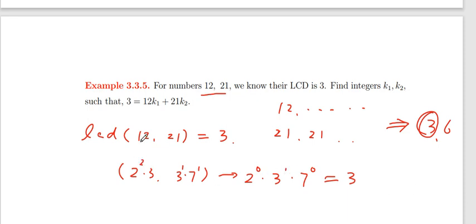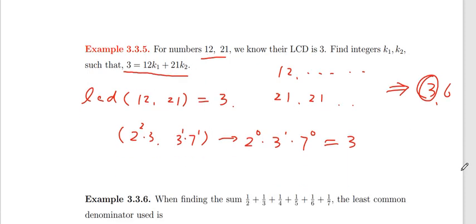So let's try to find this K1, K2 such that we can make a 3 from them. Oh, this is actually easy, right? We say 3 just equals 2 times 12, which is 24, minus 21, right?